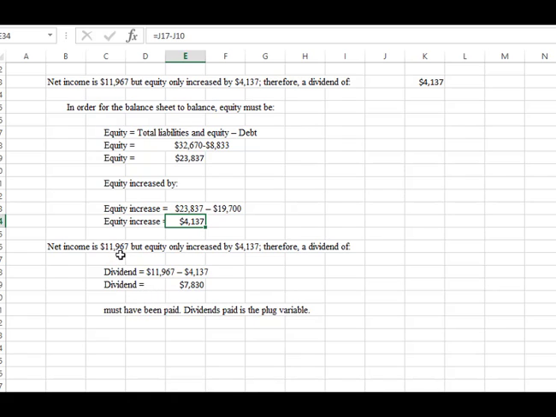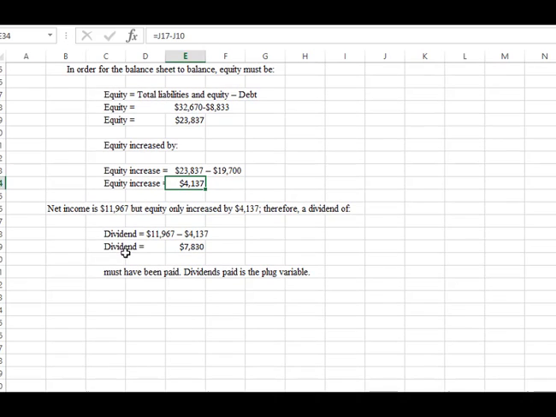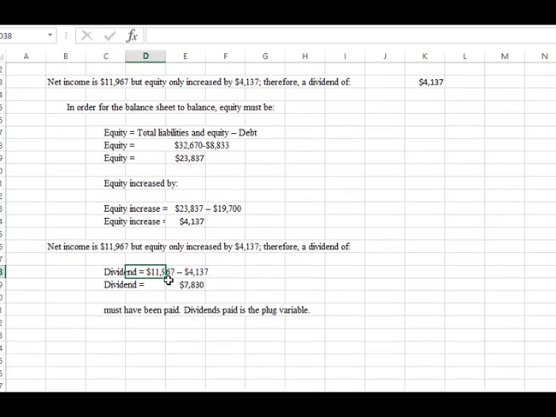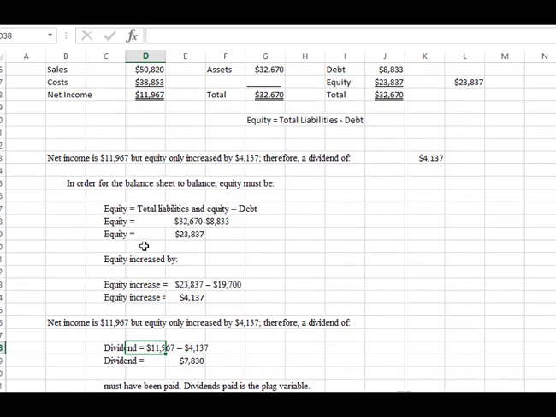Now the net income is figured into our dividend, and our dividend is part of the plug. So just bear with me as I do this. The dividend money is 11,967, or our net income, minus the increase. Do you see what happened there? Minus the increase, which gives us 7,830.